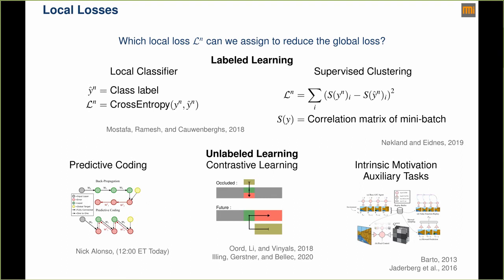So if you would like to remember anything from this, it is that we are not limited in the number of local loss functions that we can explore in order to solve this problem of spatial credit assignment in neuromorphic hardware. And in fact, I think it's a very interesting and fruitful field of study. I would recommend you to look into it if you're interested.